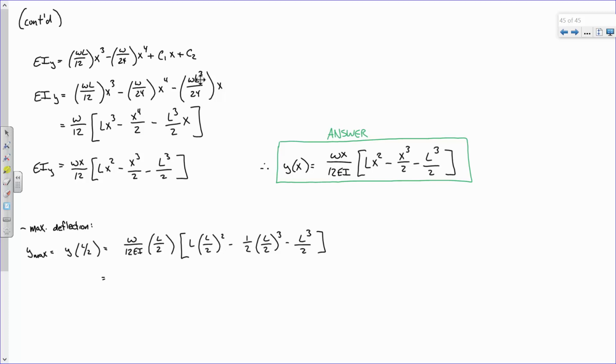So this just becomes a little bit of alphabet soup. Let's see what we've got. On the outside, we have WL over 24 EI, right?